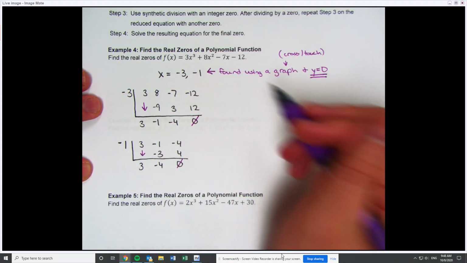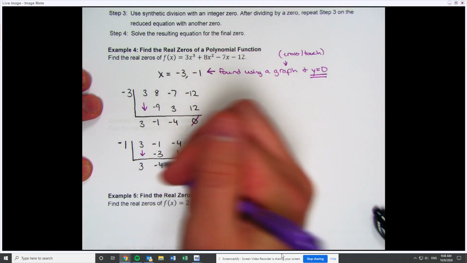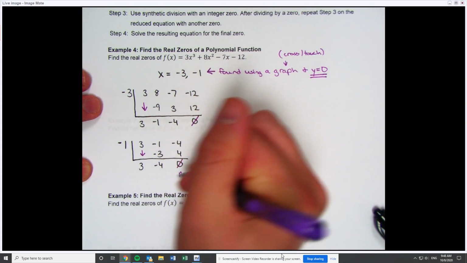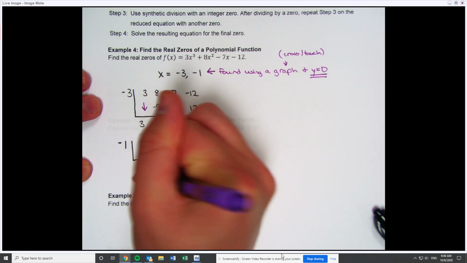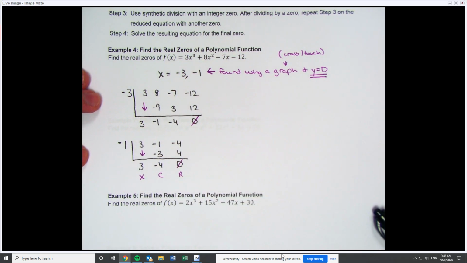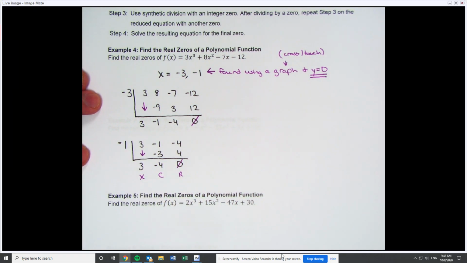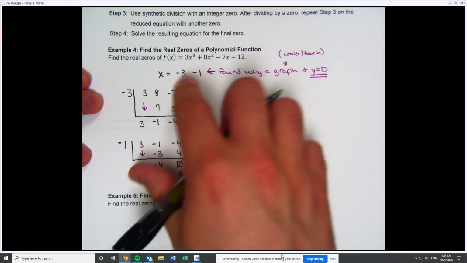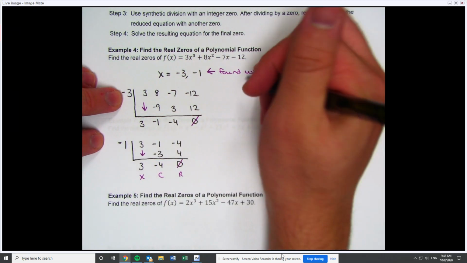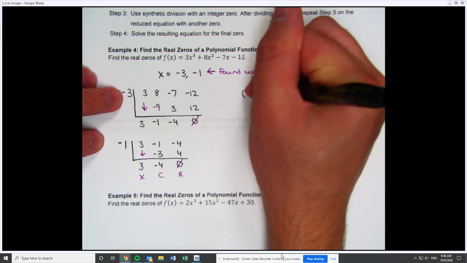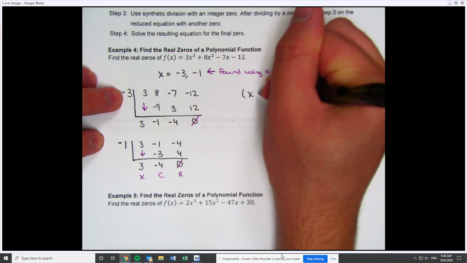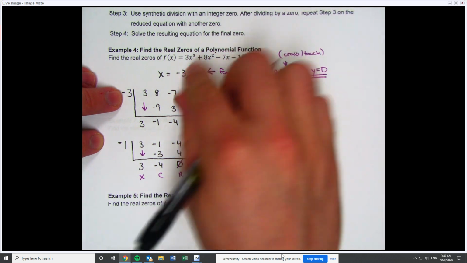Now, at this point, I don't have any more zeros that I can do synthetic division with, so I'll label R, C, and X. This is our missing factor. So I will write this down just this time, but just so you know what's going on, this is a factor for us. So this would be parentheses x plus 3, because remember, we got to move it back over.